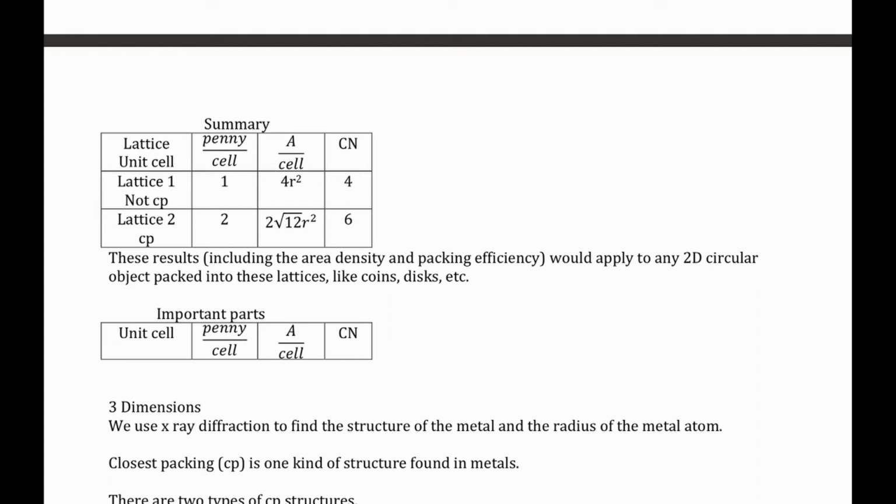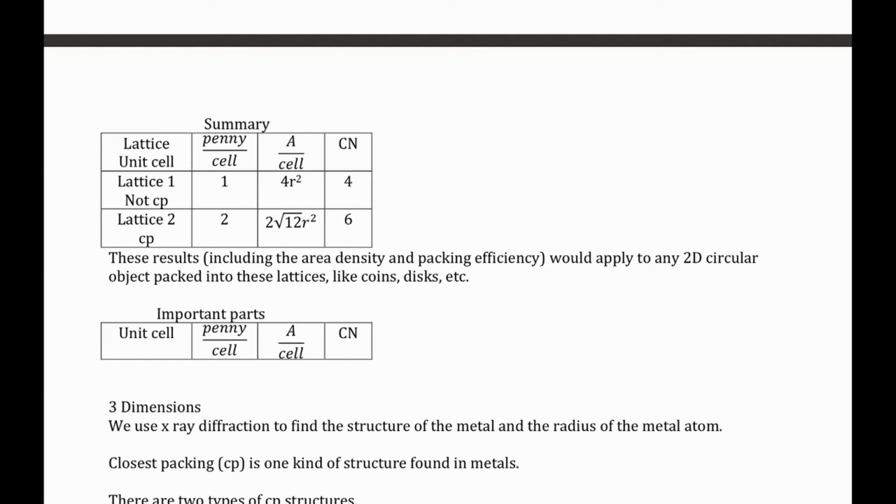Coordination numbers, we see 4 and 6. These results, including the area density and packing efficiency, though of course you would have to put the correct mass per circle and radius into the area density calculation, would apply to any two-dimensional circular object packed into these lattices.